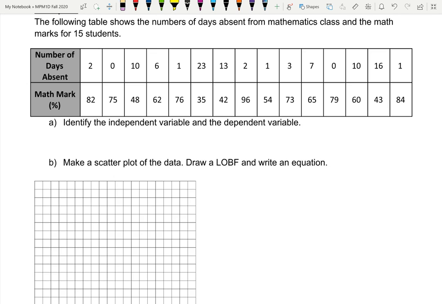Does the number of days absent depend on your math mark, or does your math mark depend on how many days you were absent? It's most likely, we haven't plotted the points yet, that the more days you're absent from class, the lower your mark will be because you've missed so many lessons, right? So every day, every class that you miss, you're falling further and further behind.